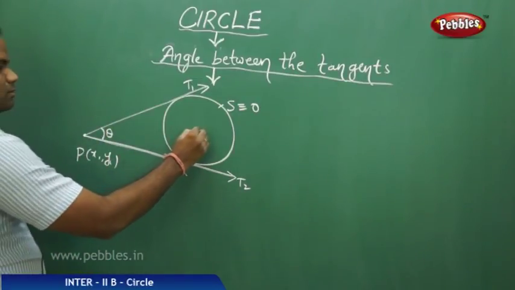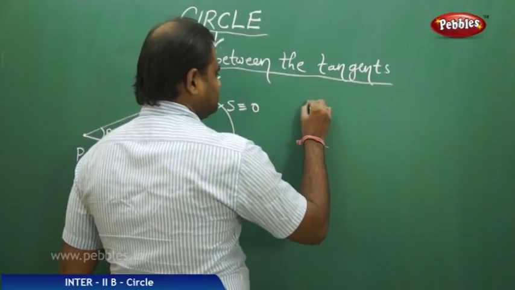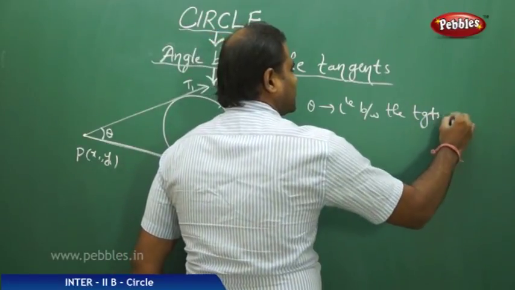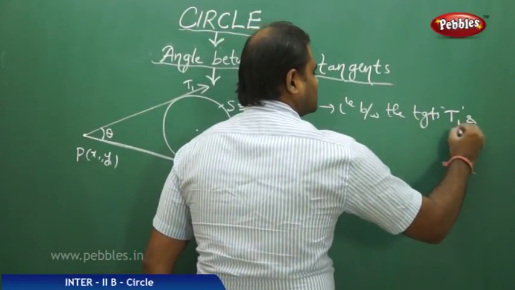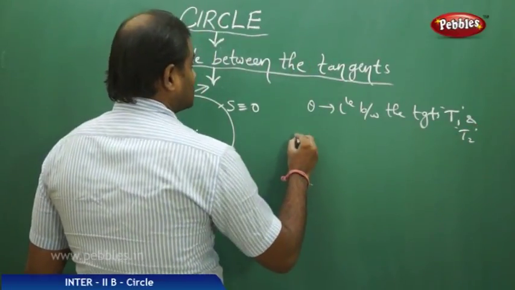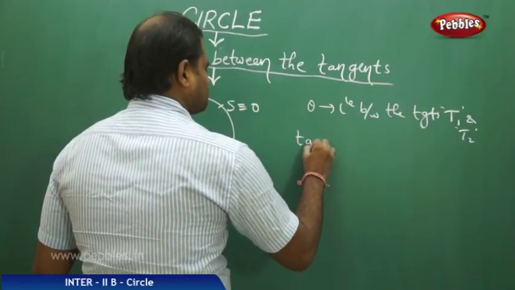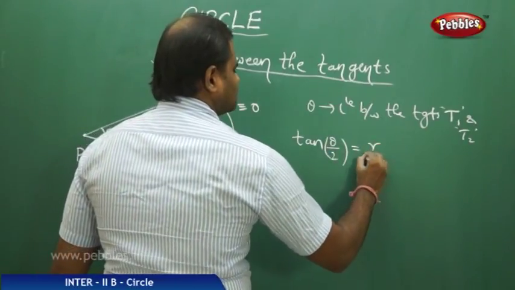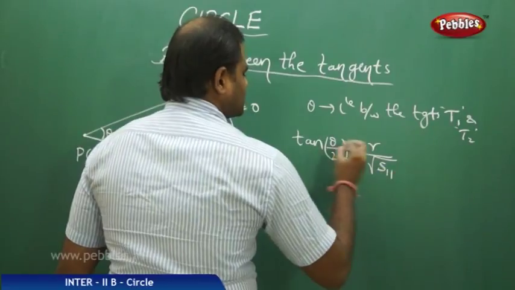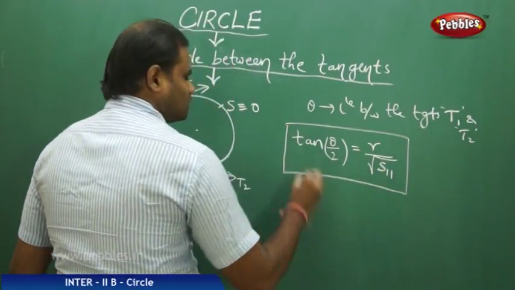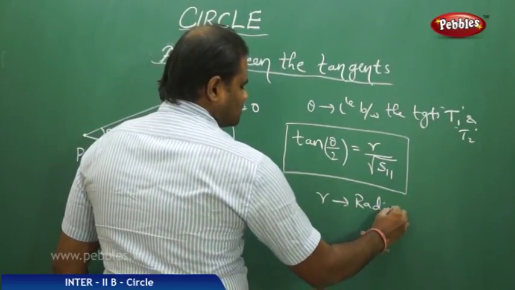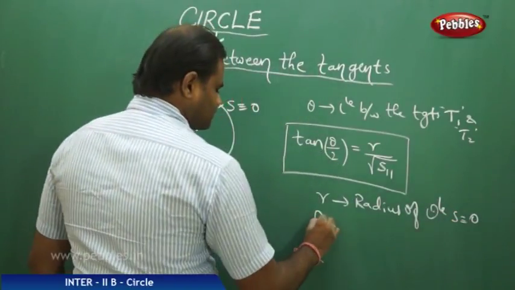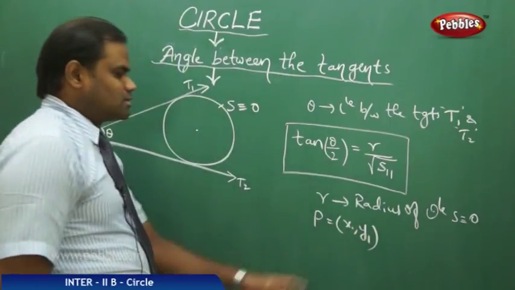If this is theta for the circle, then theta is the angle between the tangents T1 and T2, which is given by the relation tan theta by 2 is equal to r by root S11, where r is the radius of the circle S equal to 0, and P(x1, y1) is the point.